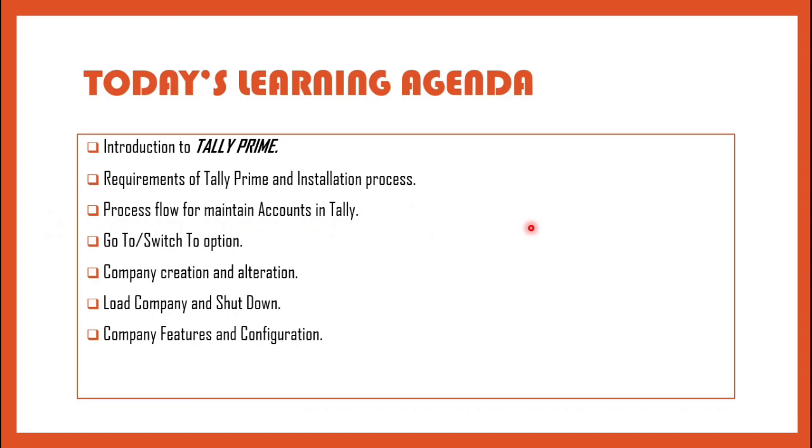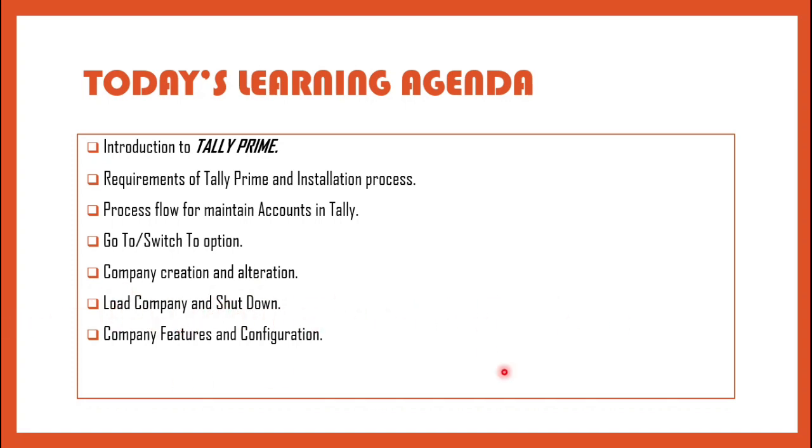Then we will learn how to use some features of the software, like the go to switch option, the process of company creation and alteration, how to load a company and shut down when the company is not required.